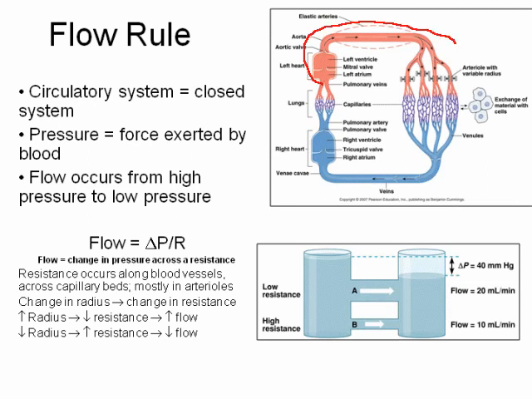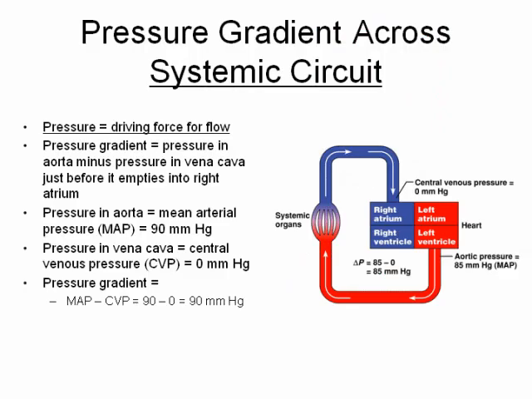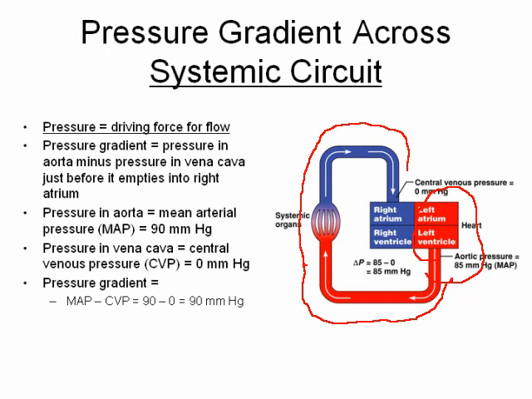So we're most interested in the control of blood flow through the systemic circuit. The pressure is the driving force. We have a high amount of pressure in the left ventricle, pushing blood through the systemic circuit and coming back to the right heart.